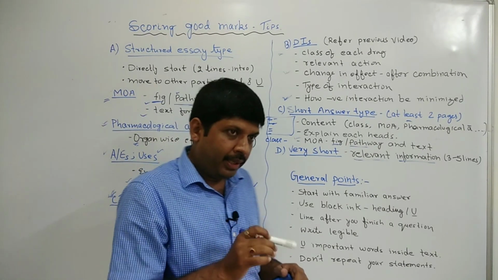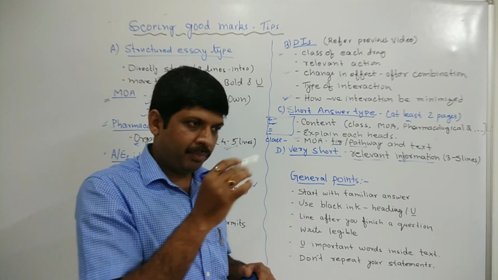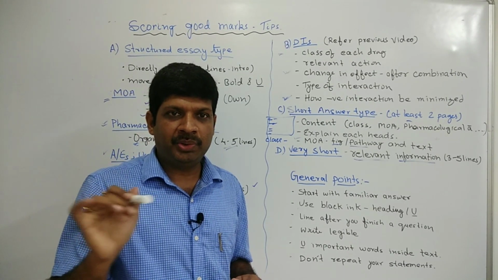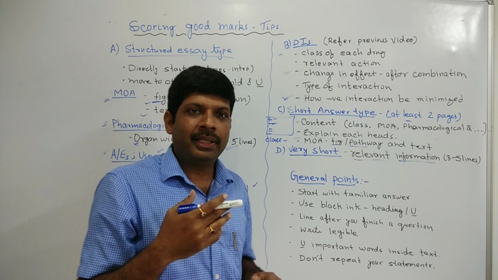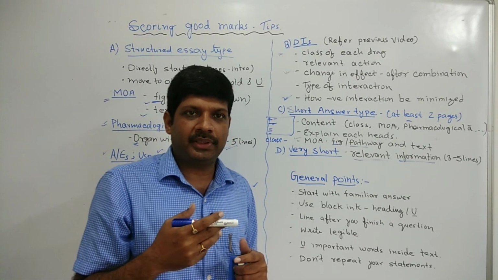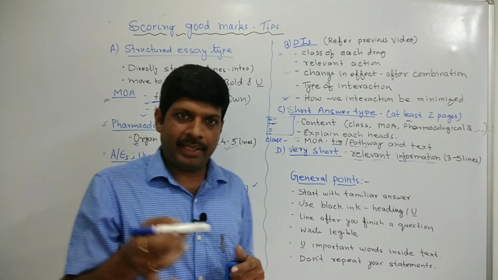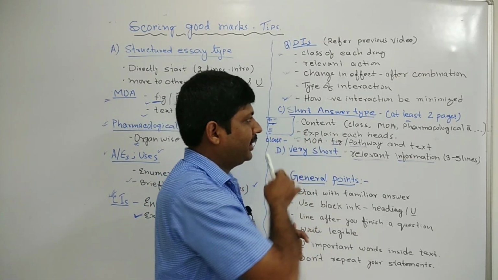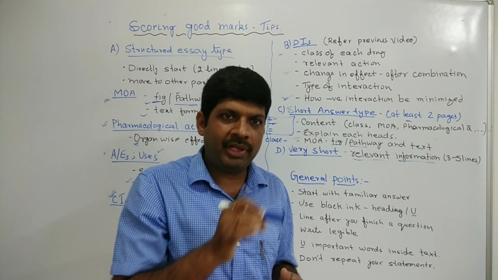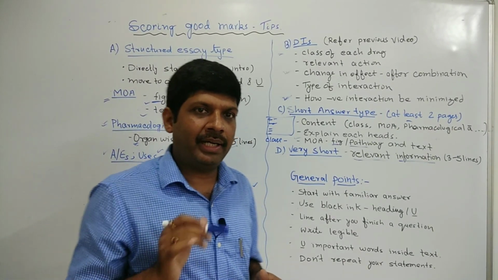Then, not a part of the question, but if you finish question number 1, put a line so that the examiner can segregate the two answers. When the first question gets over, draw one line and then start the second question. If it's a part of a question, like short answer type question A, B, C, D, then after answering A, you write B, put one line in between and then start.